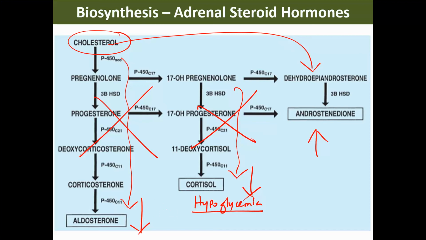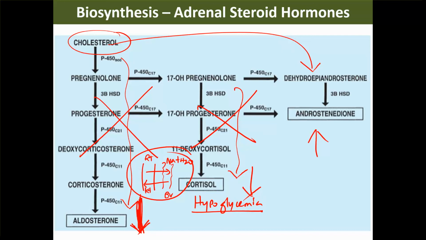Because aldosterone function, for example, this is the renal tubule and this is the blood vessel, they take the sodium along with water, and they excrete potassium. Now there is no aldosterone. Understand? This is the normal function of aldosterone.